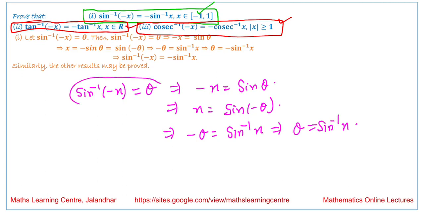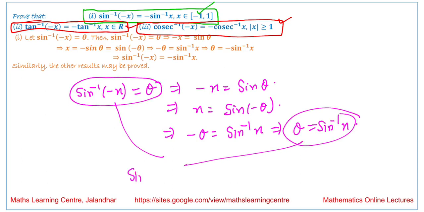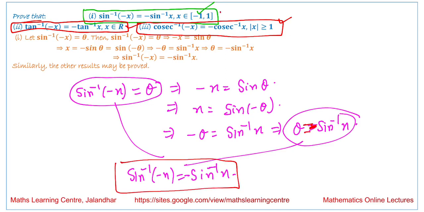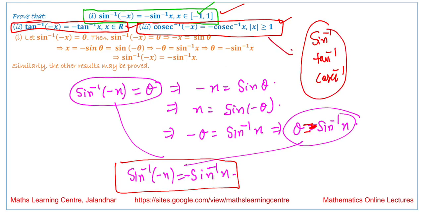So by comparing both these values, we obtain that sine inverse of minus x is equal to minus sine inverse of x. So this is the formula we are obtaining, that for all x belongs to this interval, for sine inverse, for tan inverse, and for cosecant inverse, we have formulas in this form.